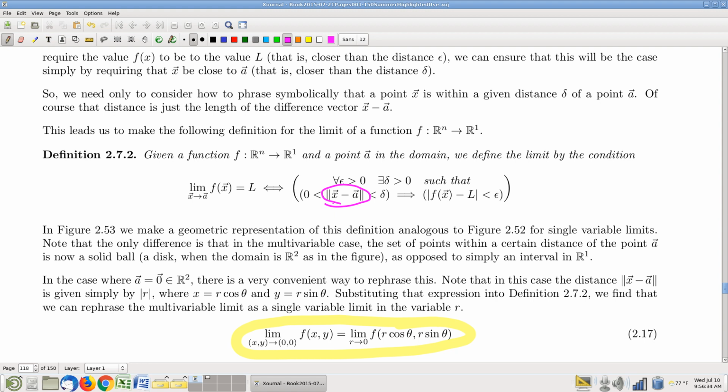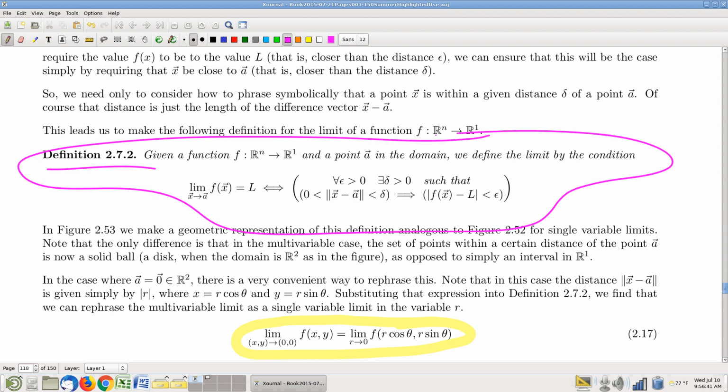Everything else is exactly the same. So this is the definition of a multivariable limit, and I think it's important for everybody to see that that is what it is, and to know where the idea comes from. Again, it being, after all, the fundamental concept of all of calculus, if you want to look at it that way.